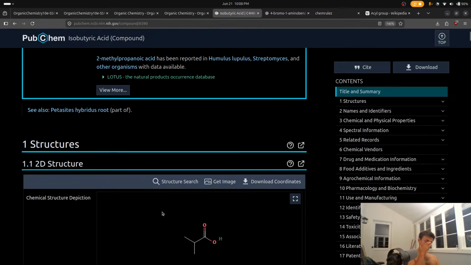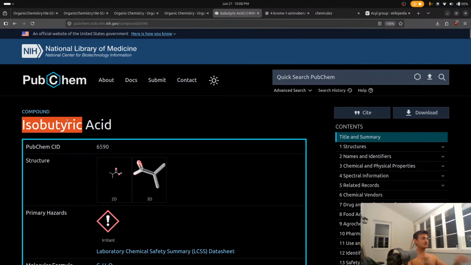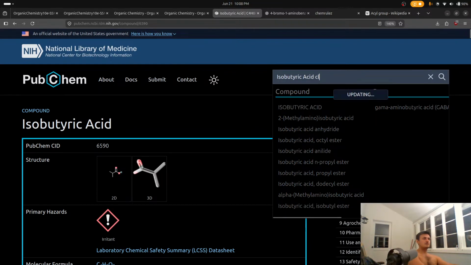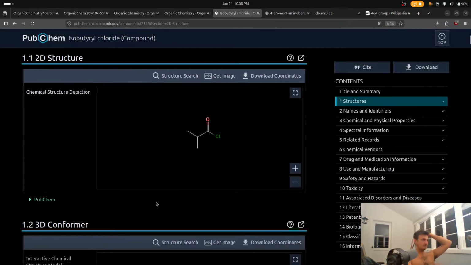So now what I want to know is how do I take this to acid chloride? Isobutyric acid chloride. Is that what, maybe I just write this. Isobutyryl chloride. Okay, cool. Or isobutyric acid.